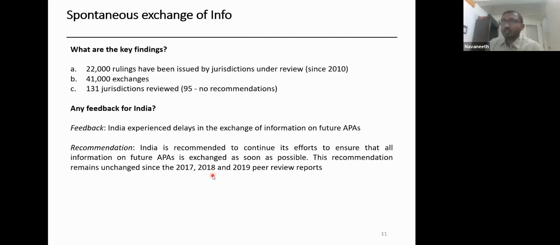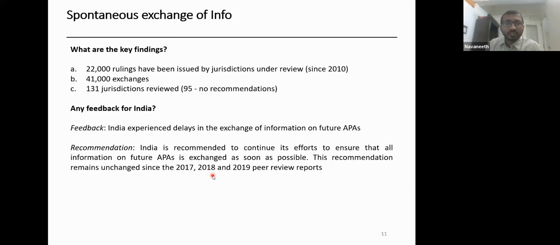What are the key findings of this report? What we gather from the report is that there are 22,000 rulings that have been issued since 2010. There have been over 41,000 exchanges between jurisdictions. There were over 131 jurisdictions that were reviewed, and in 95 jurisdictions there was no recommendation.